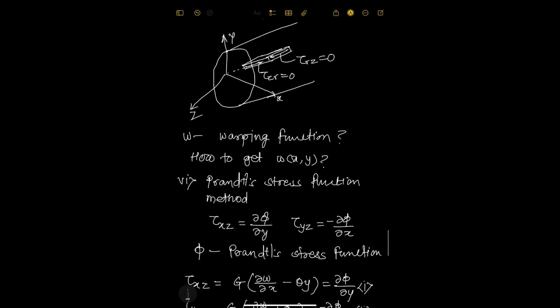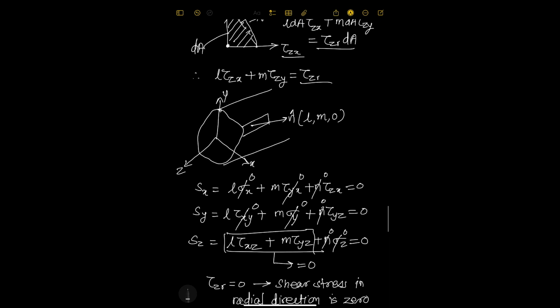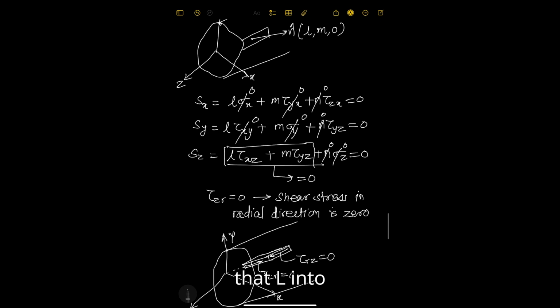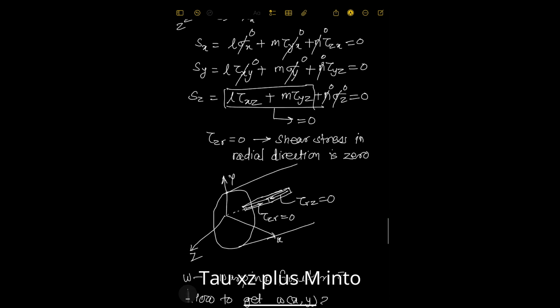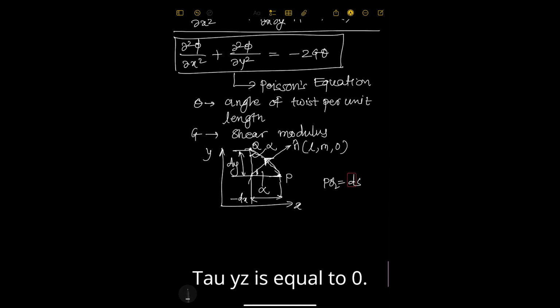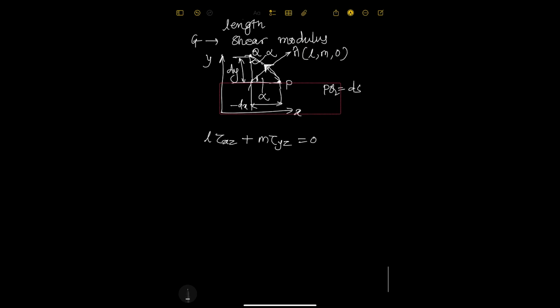So we know from this equation that L into tau xz plus M into tau yz is equal to 0.